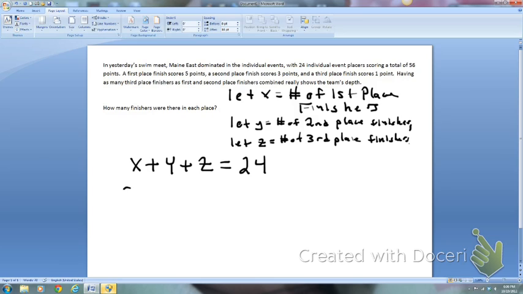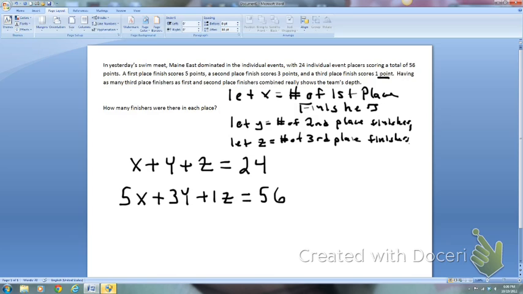So I can do 5 times the number of first place finishers to get the total number of points that those first place finishers earned, and I can add to that 3 times the number of athletes who finished second place, and I can add to that how many points did third place earn? Looks like just 1 point. So I can do 1 times z, or I could have just written plus z, to get the total points earned, which was 56.